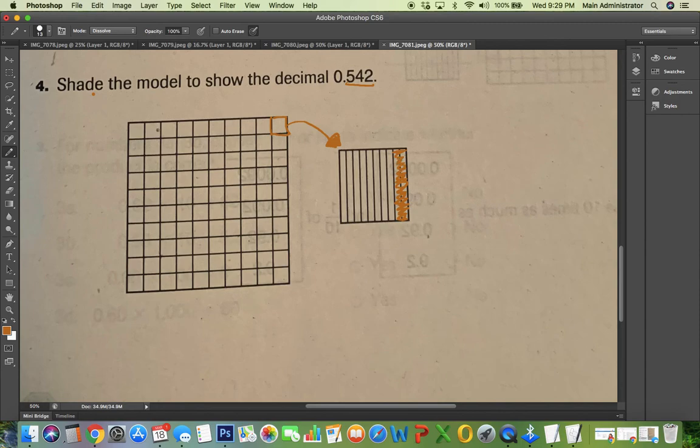And the 54, I would count 54. Well, I know that this is 10. I know that this is 20. I know that this is 30. And this is 40. This is 50. I have 54, so then I would go 1, 2, 3, 4. And I would make sure all this is shaded in.